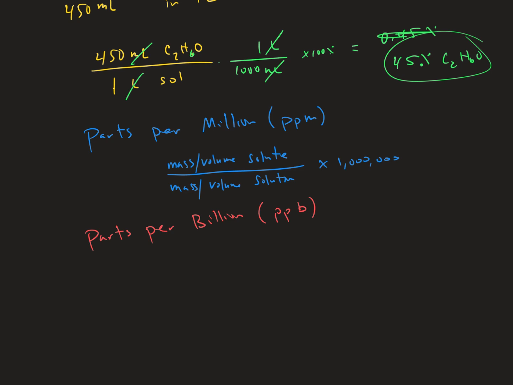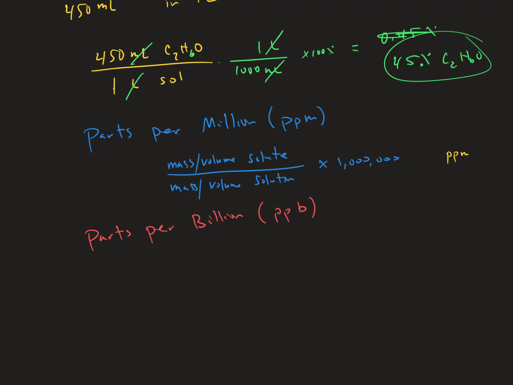Can you use mass to volume? If it's an aqueous solution, you can do grams per milliliter, just like before. Does that make sense to everybody? Okay. So you just want to make sure the units cancel. And our unit's going to be ppm or ppb. So what's the formula for parts per billion?